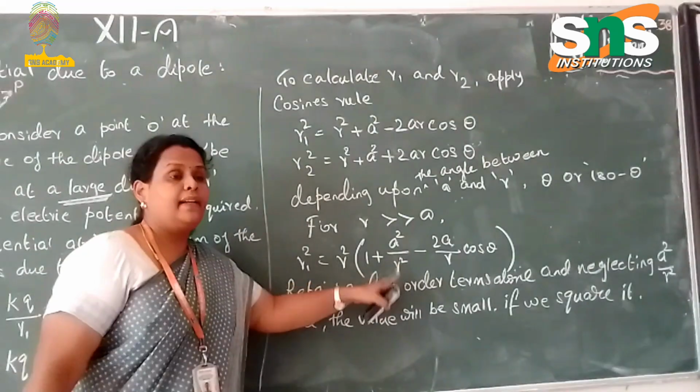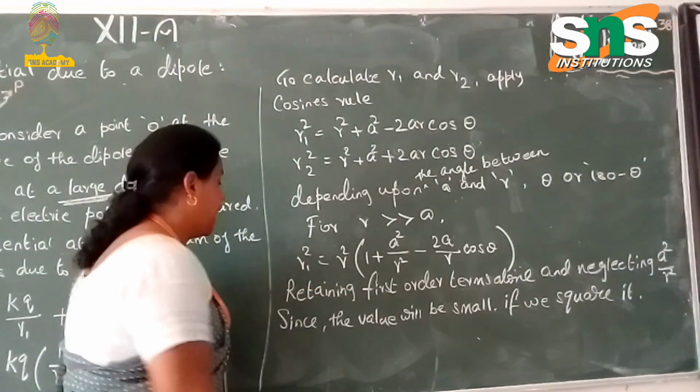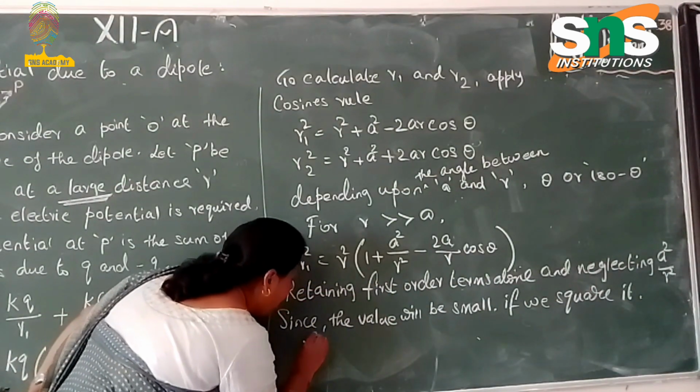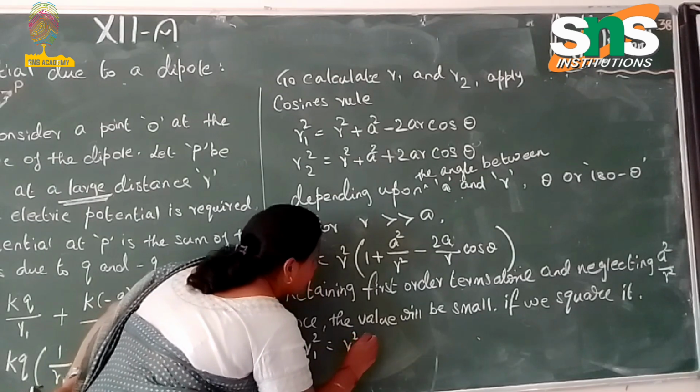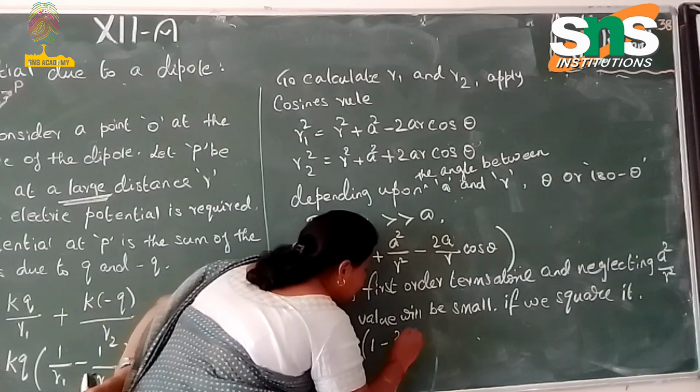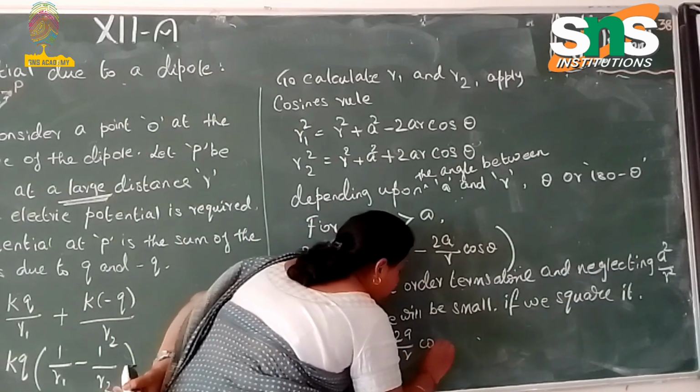So by neglecting this term, I am going to write the same equation. It will be R1 square equal to R square into 1 minus 2A by R cos theta.